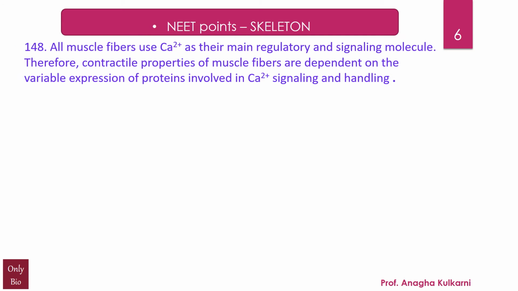Point number 148. All muscle fibers use calcium as their main regulatory and signaling molecule. Therefore, contractile properties of the muscle fibers are dependent on the variable expression of the proteins involved in calcium signaling and handling.